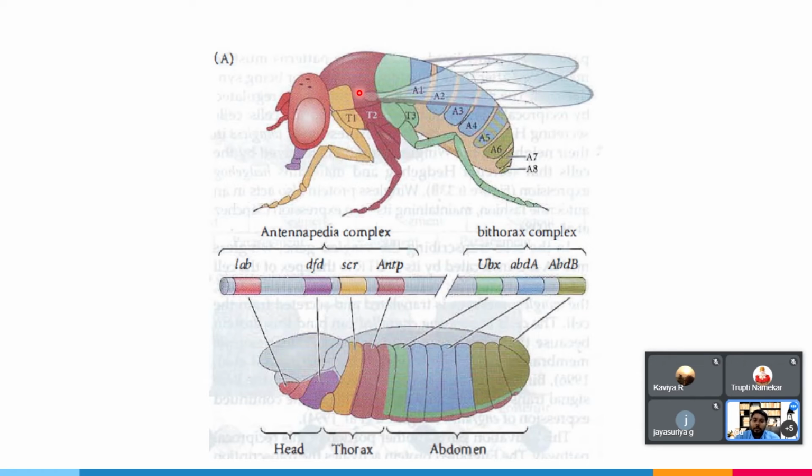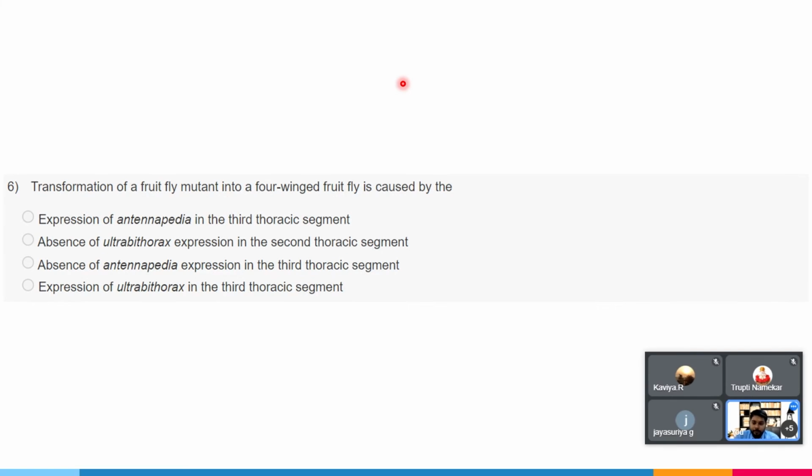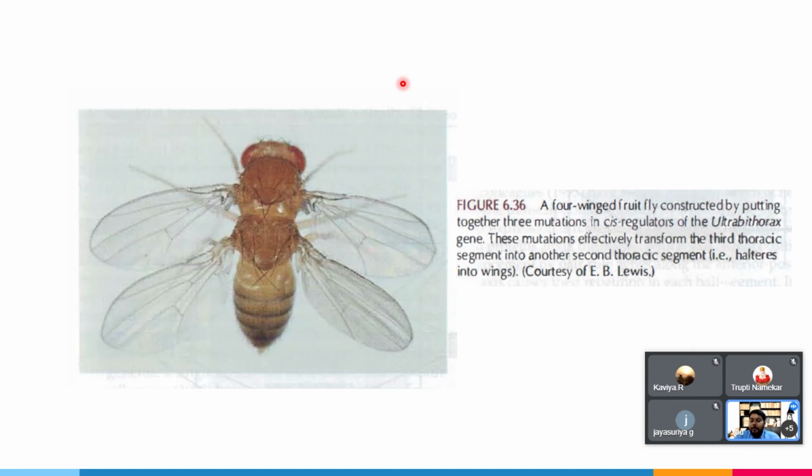And since T2 forms wings and legs, T3 will also form wings. So we will have a fly that looks like this. So this is a four-winged fruit fly constructed by putting together three mutations in cis regulators of the ultrabithorax gene.